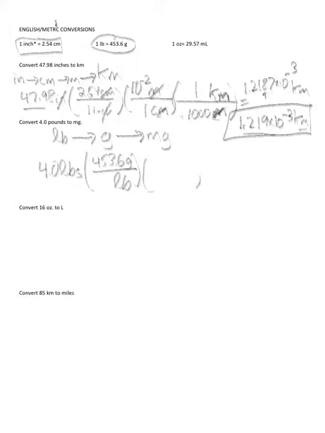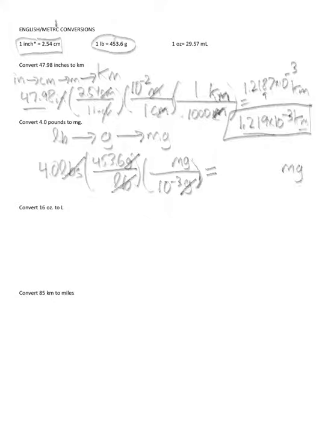Then I can go from grams to milligrams. Milli is the SI prefix that means 10 to the minus 3. So that goes with the other unit. It goes with grams. Pounds divided by pounds cancels. Grams divided by grams cancels.